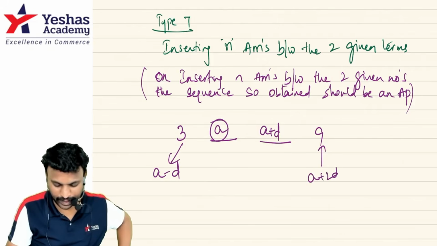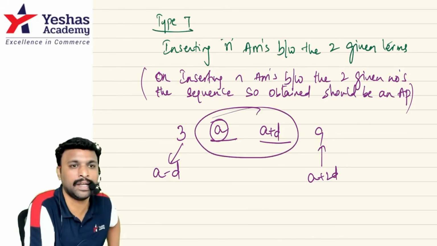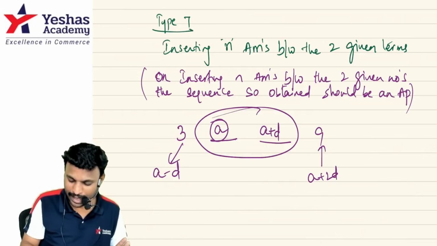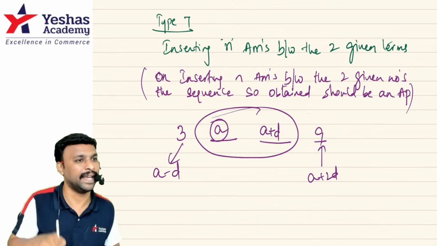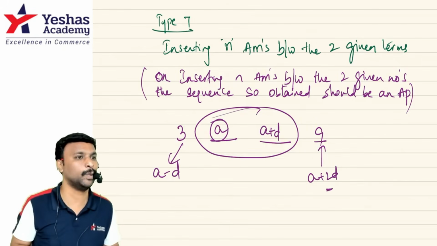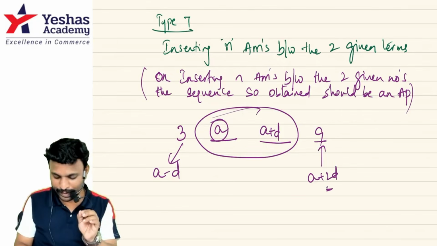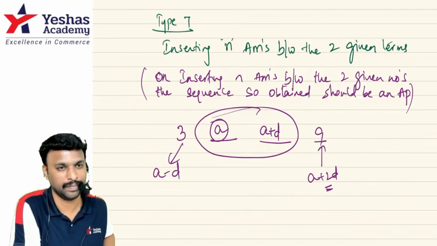What will be 9 then? A plus 2d. How many arithmetic means am I inserting here? 2. So the last given term will be a plus 2d; the n value is 2 only. However many arithmetic means you are inserting, that will be the coefficient of d for the last term given in the question.